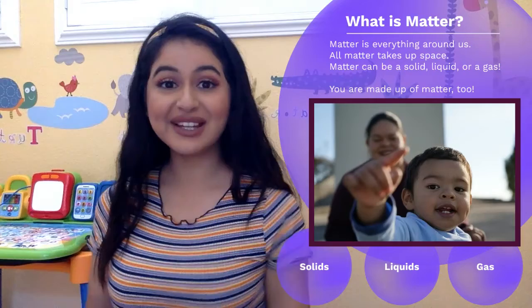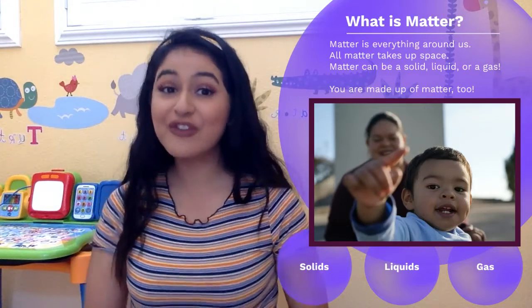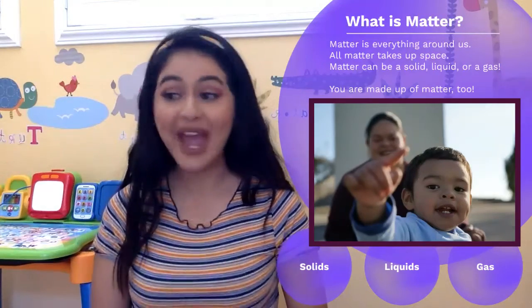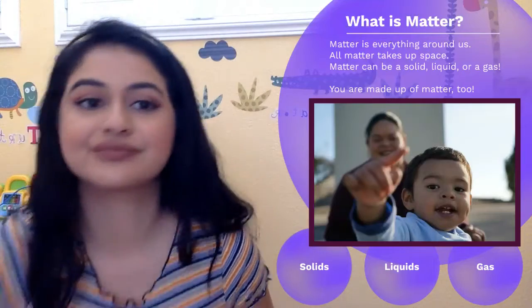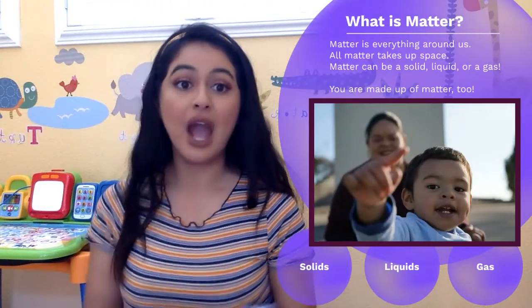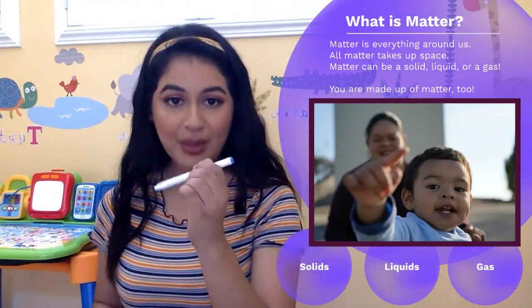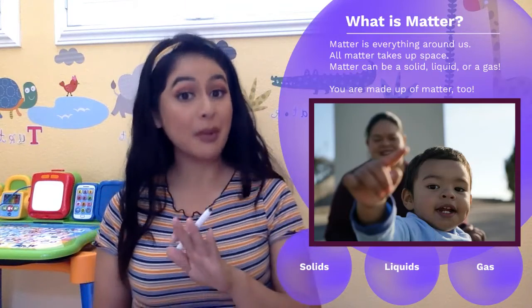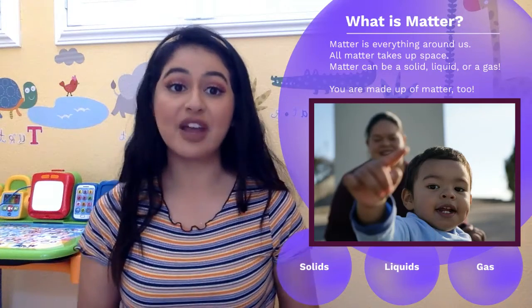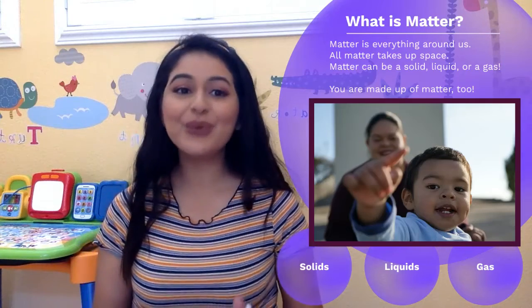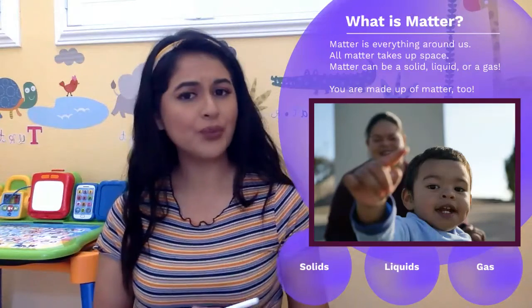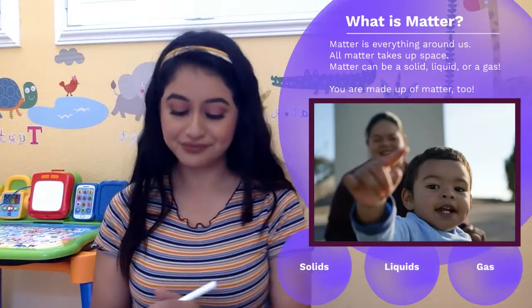Oh, look! We came across our first vocabulary word, matter. As you can see, I am writing the word matter with a blue marker. Remember, blue signifies science on our colorful word wall. So, what is matter?